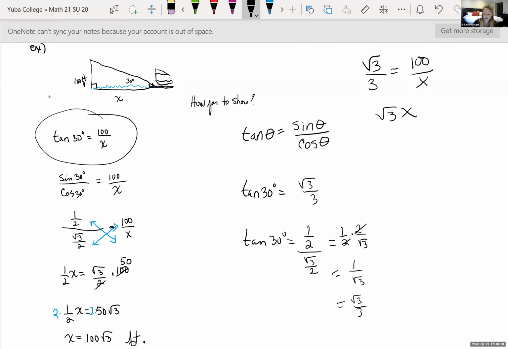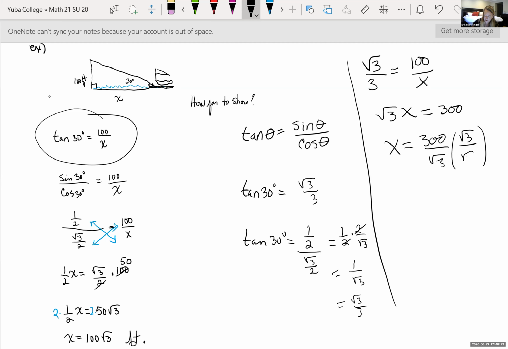Root 3 times x is equal to 300. Divide both sides by root 3. So I get x equals 300 over root 3. Unfortunately, I have to rationalize the denominator. Maybe it's not faster. This is 300 times root 3. Well, square root of 3 times square root of 3 is 3. 3 goes into 300 100 times.